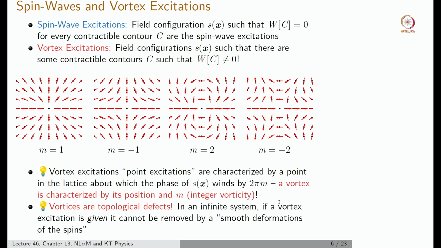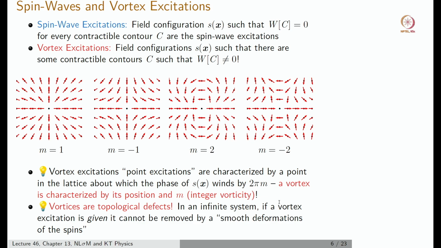Vortices are what are called topological defects. What do I mean by topological? So imagine that someone gave you a configuration in an infinite plane with a vortex in the center. Now you can convince yourself that you can move the vortex around from place to place by rearranging the spins.